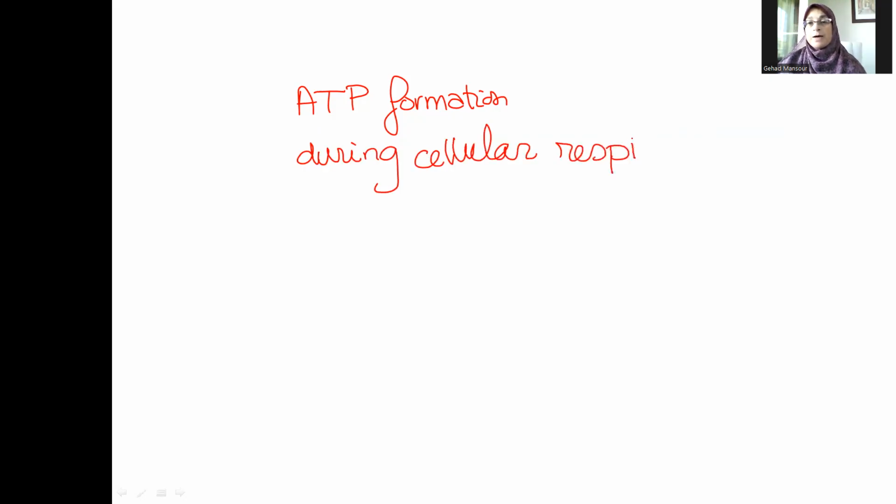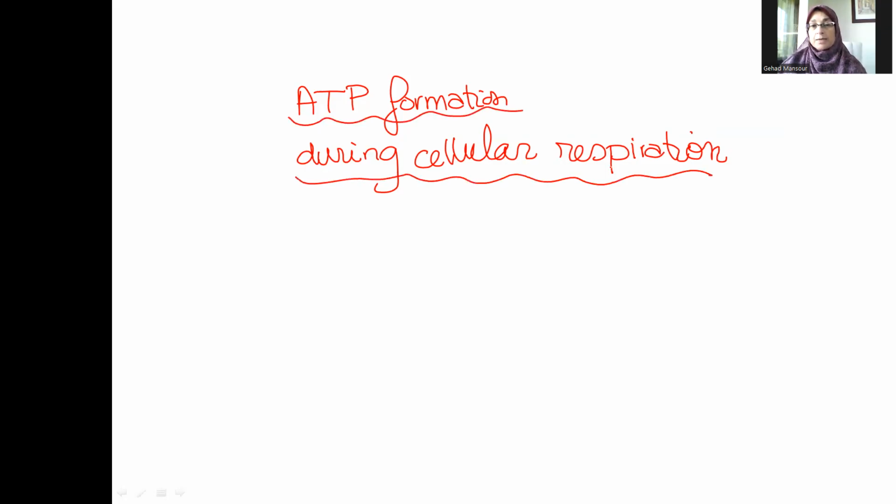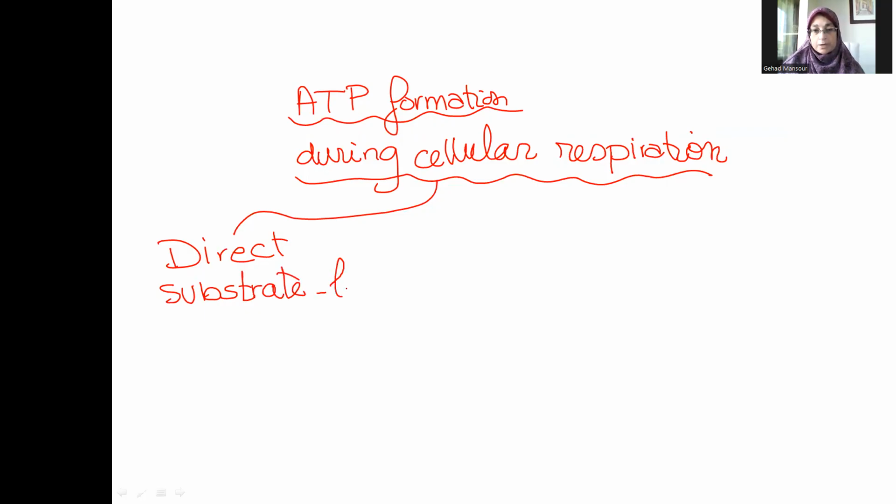ATP formation during cellular respiration can be divided into direct substrate phosphorylation, which is enzymatic, direct, substrate level. It has several adjectives before saying phosphorylation: direct, substrate level, enzymatic, because it requires enzymes.